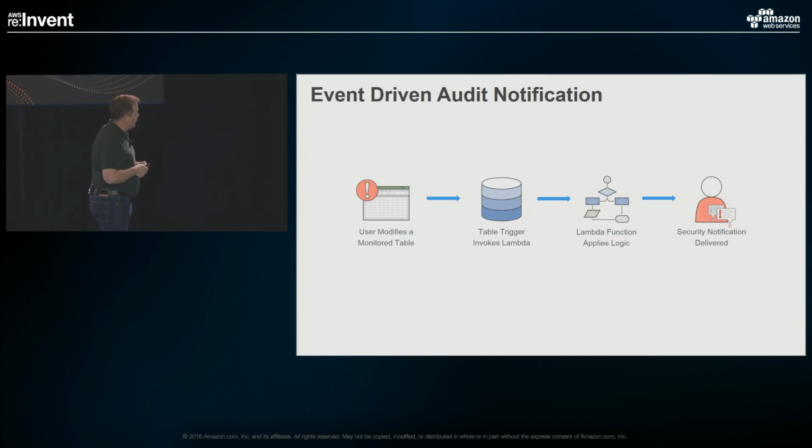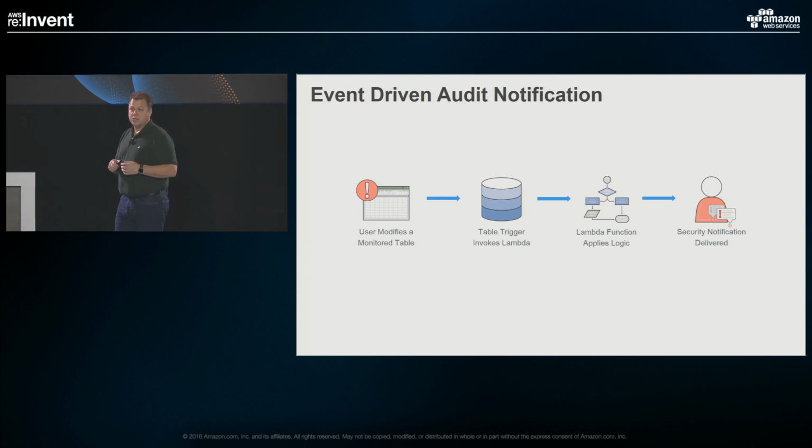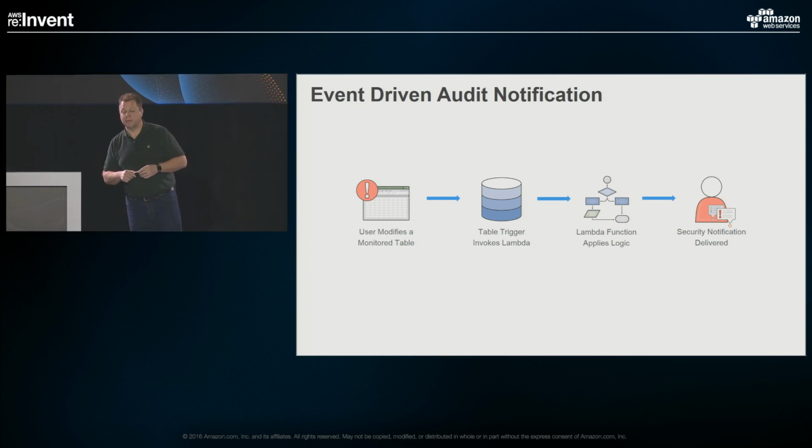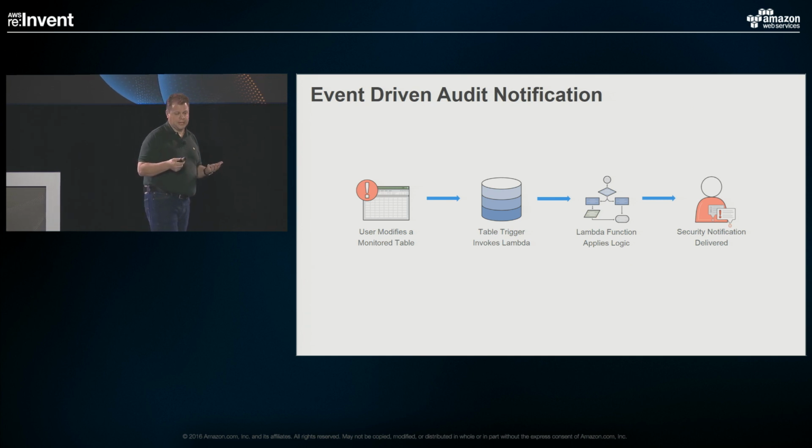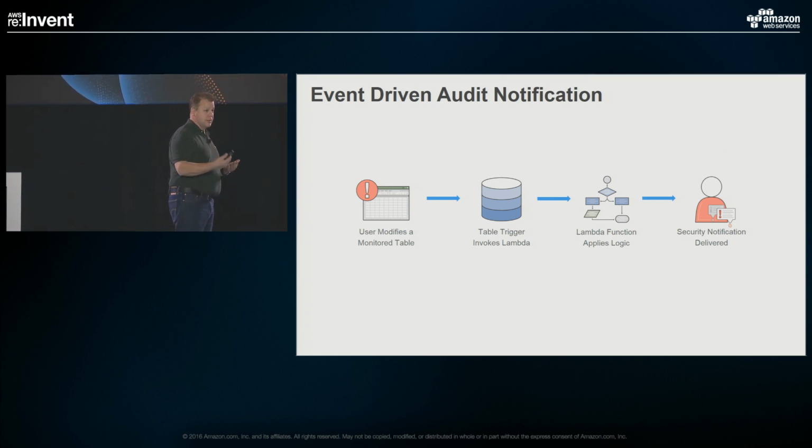Let's say that you have a monitored table. Maybe it's an important table because it has application settings in it, and you need to be notified if someone changes those application settings. Maybe in the example that we're going to see in the upcoming slides, you have a customer review table, and you want to know in close to real time when customers are leaving you reviews and giving you feedback about your company or your service.